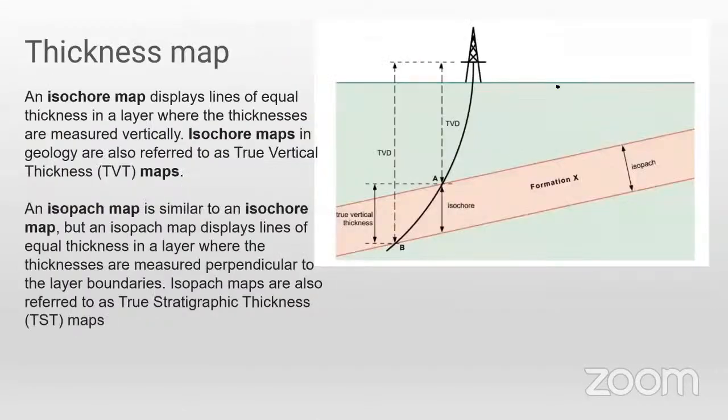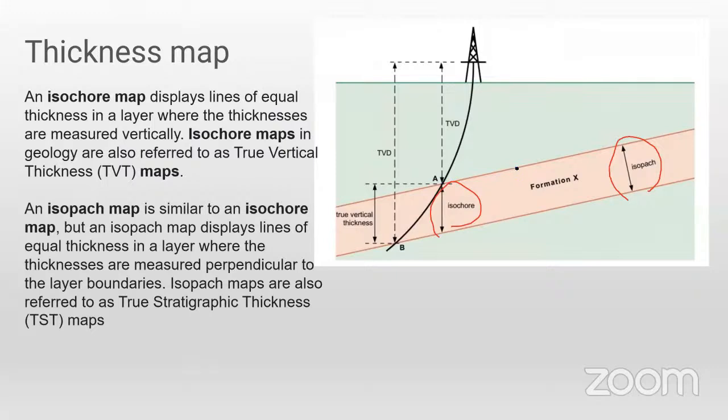Okay, so after that, you must prepare the thickness map. For the thickness map, you can prepare two types. One of them is isopach and one of them is isocore. What is the difference between them? The isocore is the vertical thickness of the interval.